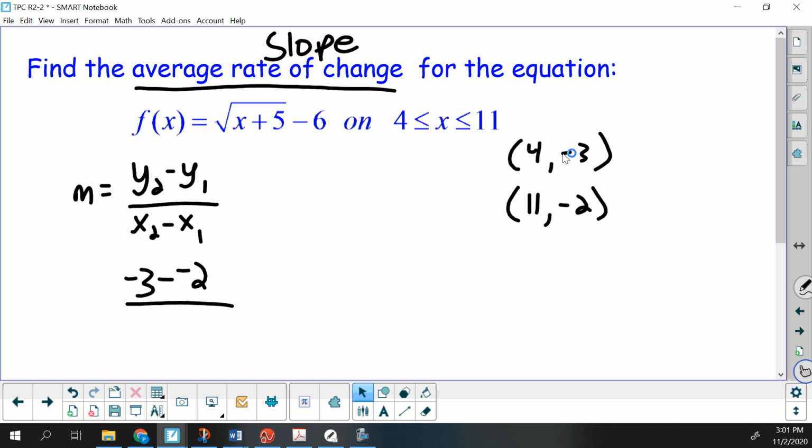We started with negative 3, so we've got to start with its x value on the bottom. So 4 minus 11. Well, minus a minus becomes a plus. Negative 3 plus 2 gives us negative 1. And then 4 minus 11 will give us negative 7. But a negative divided by a negative is a positive, so this becomes just 1/7.